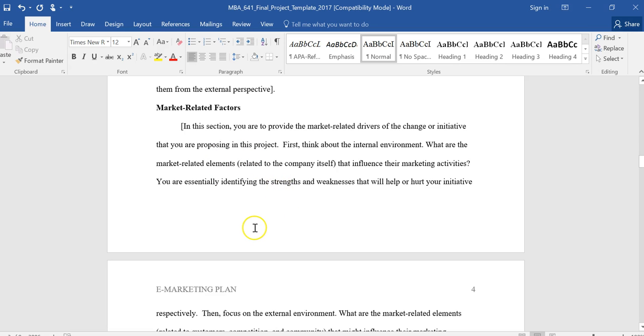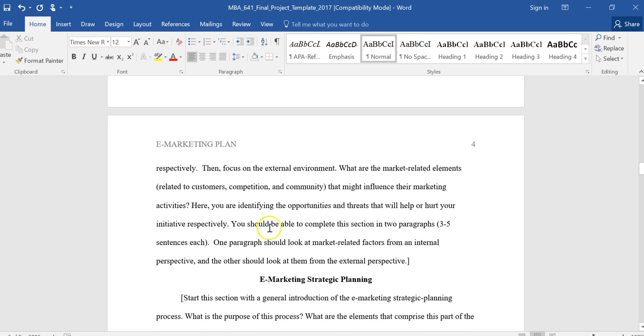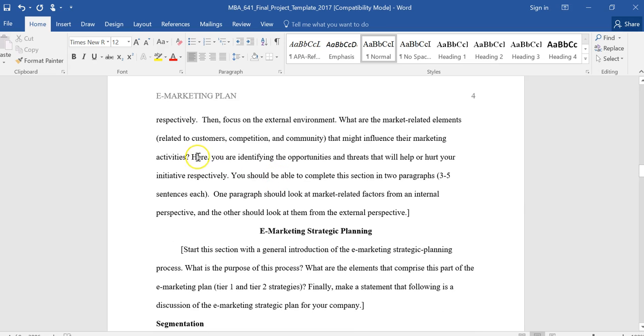And then look at the external culture and see if there's something in the external company that's going to influence what you're trying to do as well. Again, you're trying to identify inherent strengths and weaknesses, as well as the external opportunities and threats that actually influence what you're going to have to do as you implement this new technology or innovation that you introduced in Mod 1.